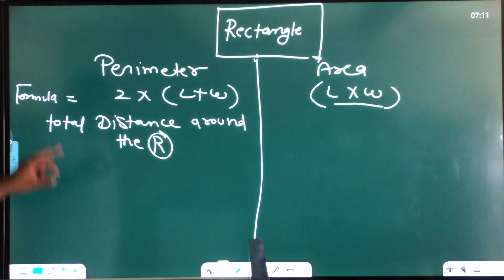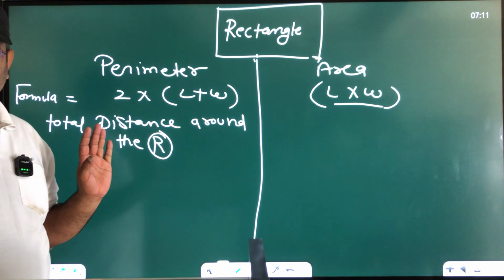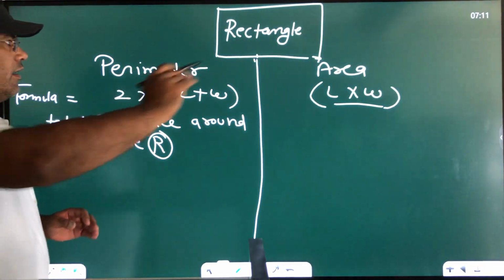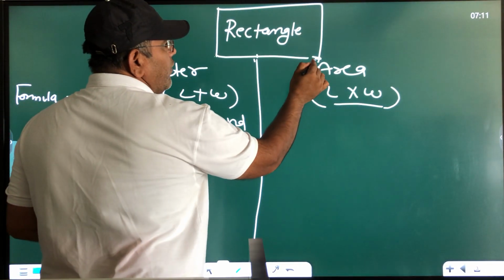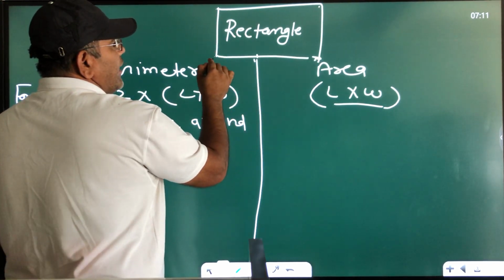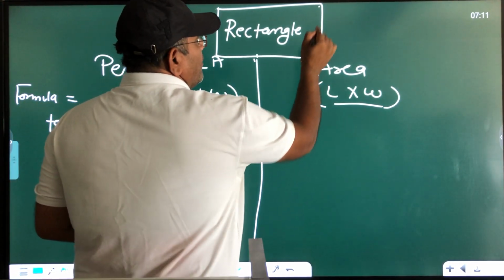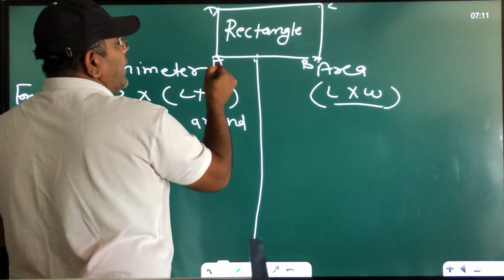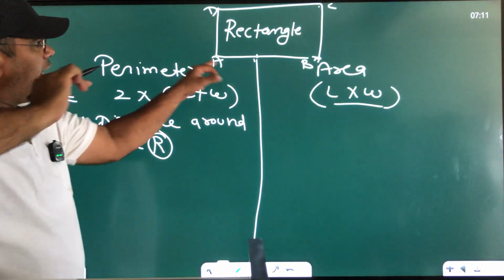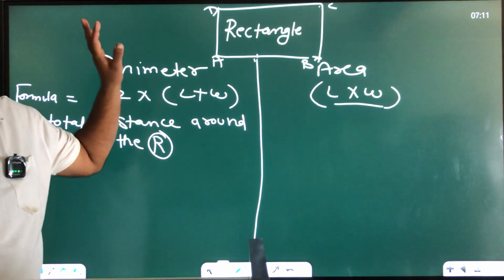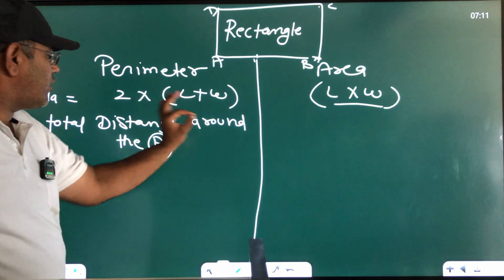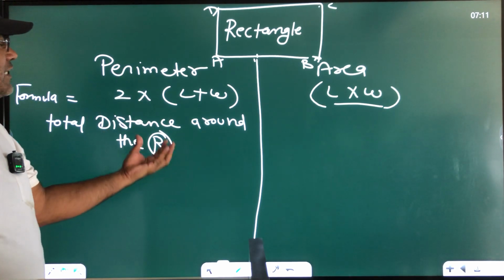Total distance, complete distance. It means here to there, here to there. It means A to B, B to C, and A to D. Here, complete distance around the rectangle, that means perimeter.